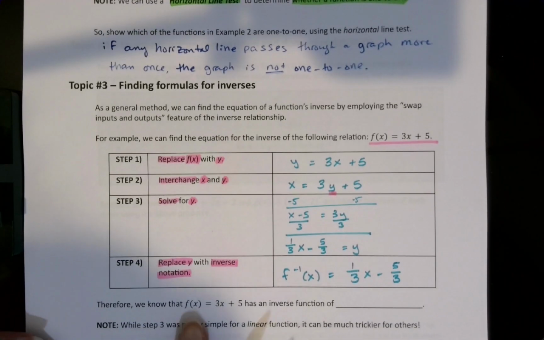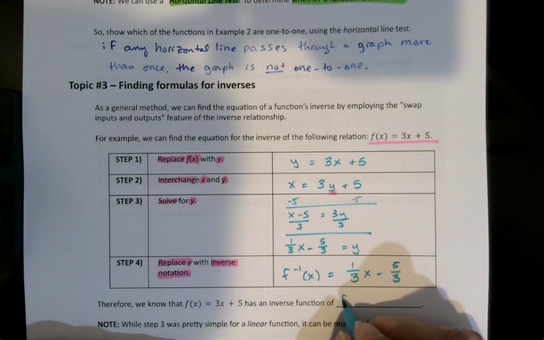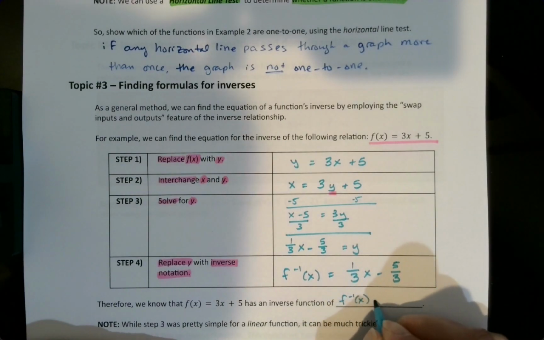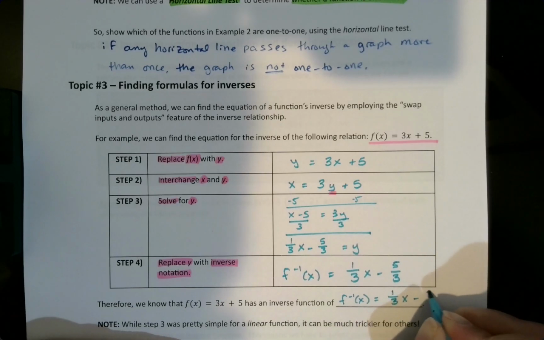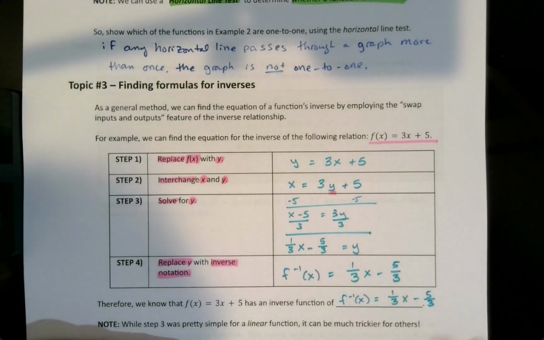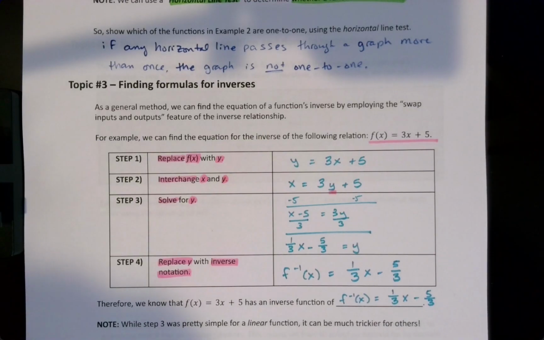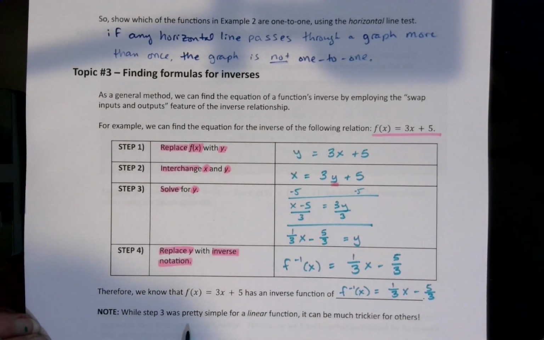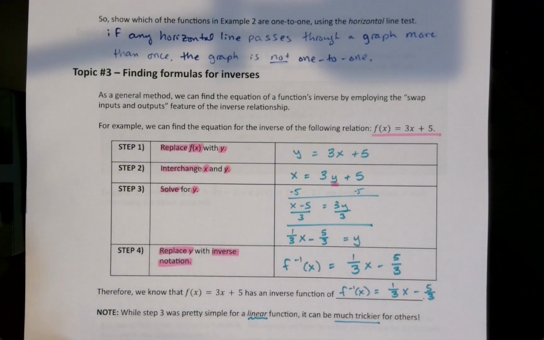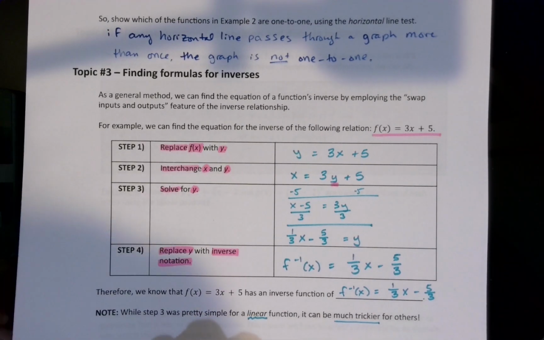Therefore, we know that the function f of x equals 3x plus 5 has an inverse function of f inverse of x equals 1/3 x minus 5/3. Note that while step 3, solve for y, was pretty simple for a linear function, it can be much trickier for other functions. We'll just need to use caution when dealing with other function types.